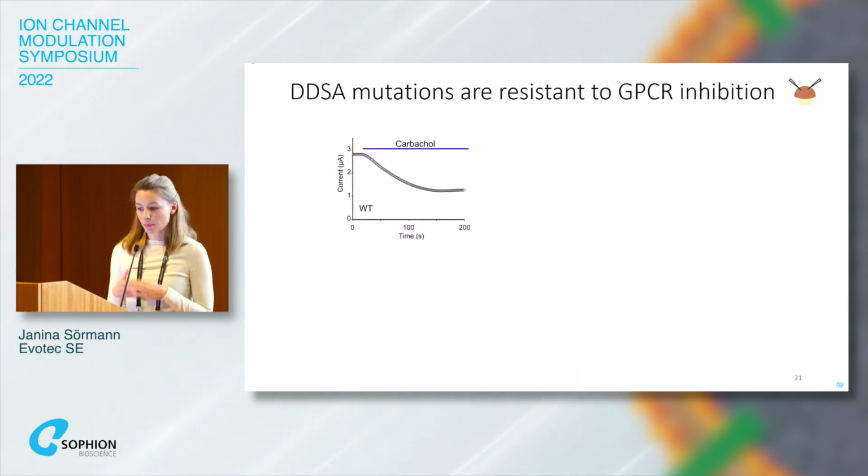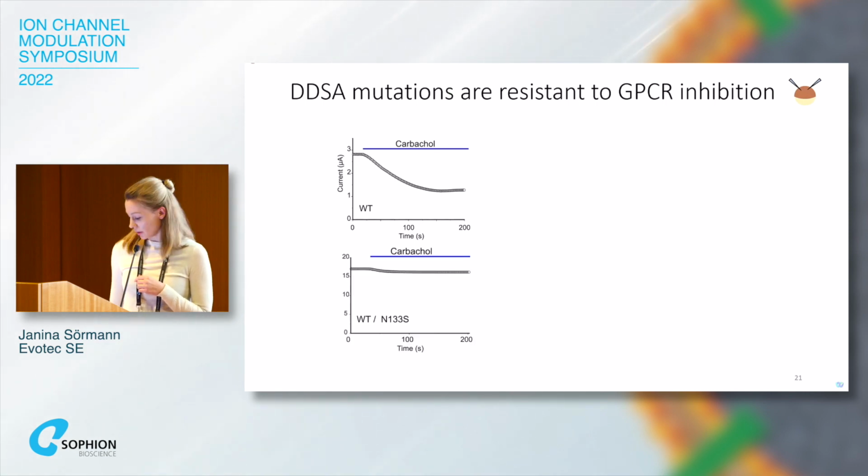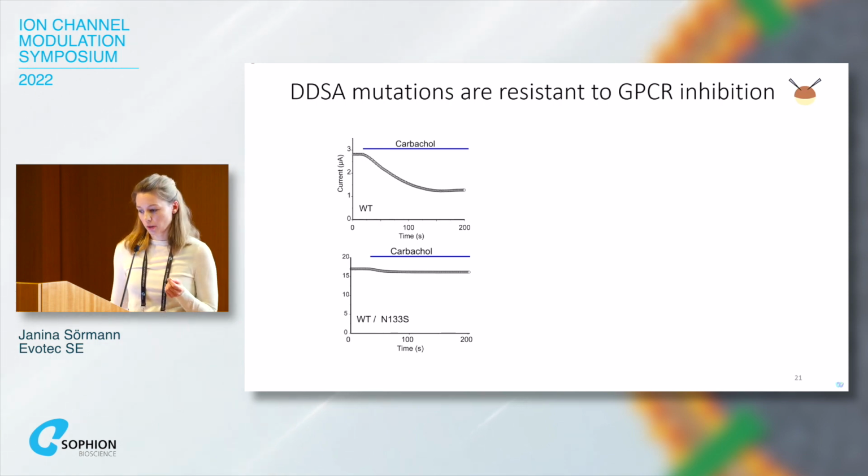Therefore, we performed experiments with carbachol, because carbachol activates endogenous muscarinic receptors in oocytes. Here you can see how adding carbachol decreases the wild-type TASK-1 currents, whereas under the heterozygous condition, adding carbachol, we don't see a decrease or almost no decrease.